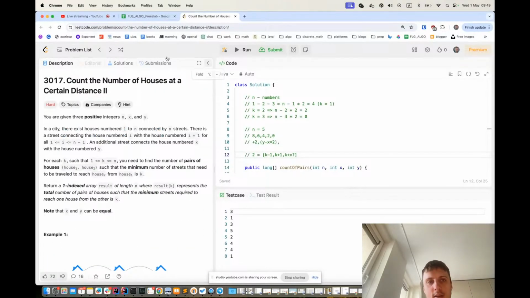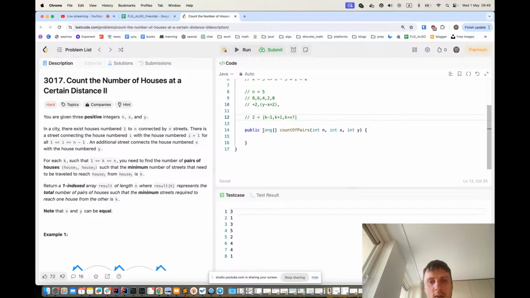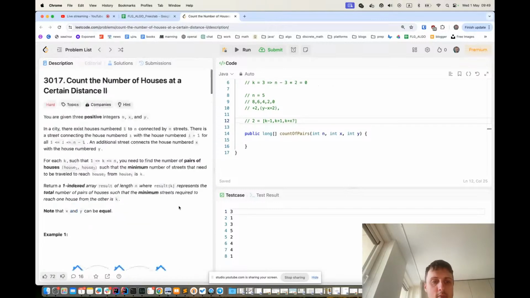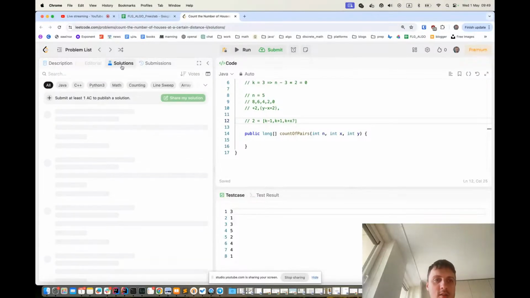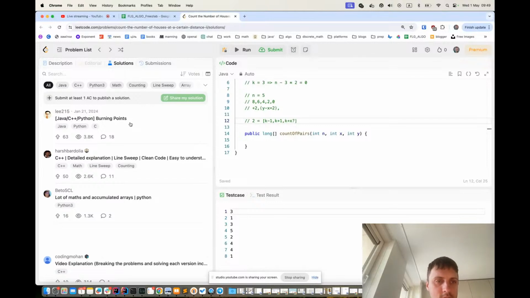Okay, I don't even know how to use prefix sum here and what to do. Yeah, let's just jump into the solutions.